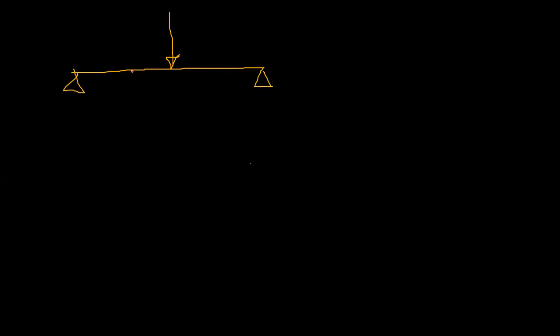So I can determine the bending moment in this region, and after the loading also I can determine it from this region. I use a common equation and then substitute the value. So I'm going to cut from here.